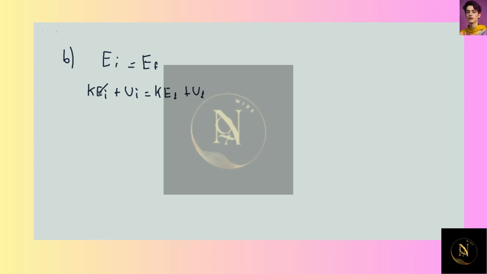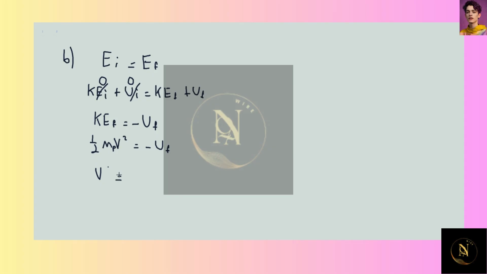The initial kinetic is 0 because it's at rest, and we've said that this initial potential is very, very close to 0, so we can just approximate it as that. And so the final kinetic energy should just equal negative final potential. That is 1/2 m v squared, where m is mp, the mass we're interested in, and that equals negative U final. We want to find what v is, so we'll solve for that.